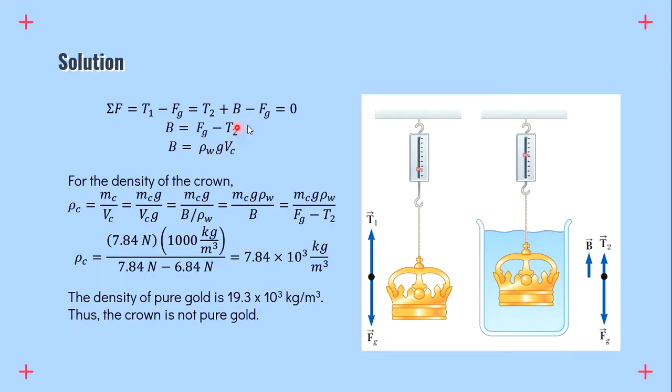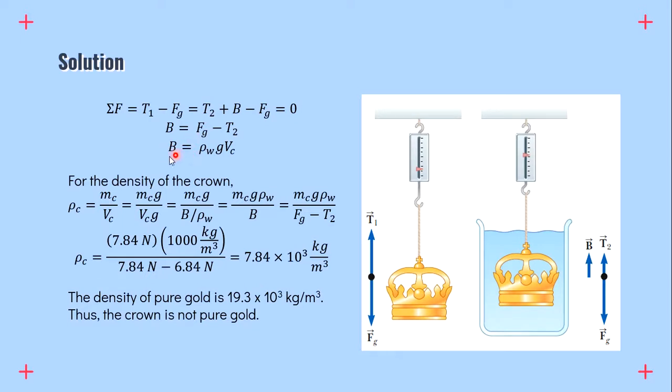So in case 2, we have an additional force, which is the buoyant force, which pushes the crown upward. So we come up with two equations for equilibrium. The buoyant force is equal to Fg minus T2.